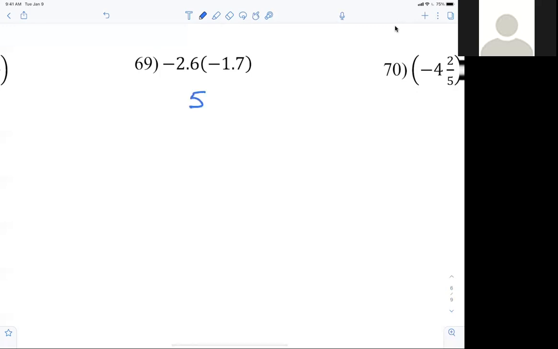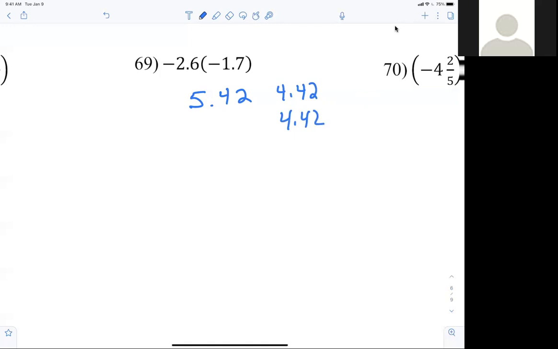Negative, no, positive. 5 point what? Anybody else get 5.42? Did you get that? I got 4.3 negative. Yeah, I didn't get 5 either. You just add 'em. What did you get? I got positive 4.42. Anybody else? I just got 4.42. It's definitely positive, right?